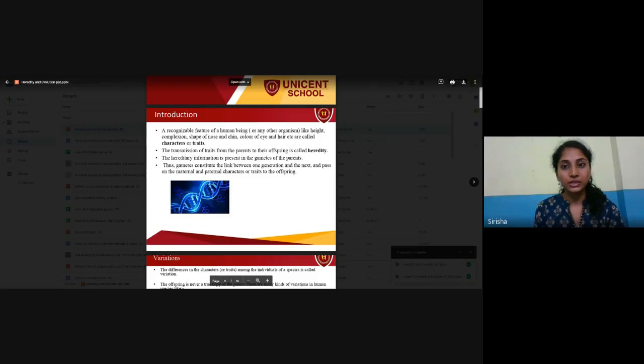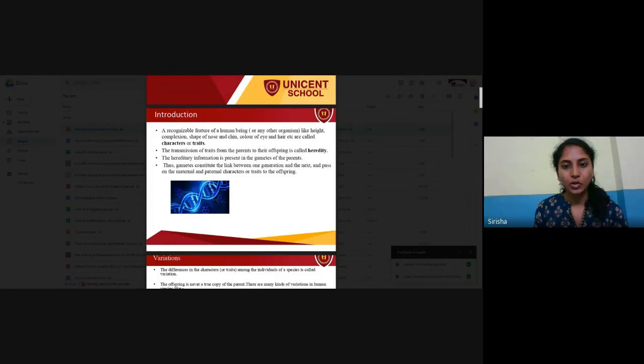You might have spoken to your friends that his features are very different, like his mother's or his father's or his grandfather's features have come, right? Has been inherited. So how has this formed? Because of DNA. The transmission of traits from the parents to their offspring is called heredity.